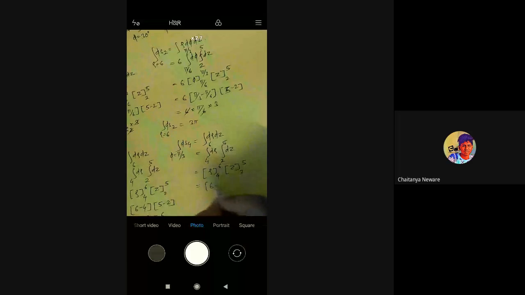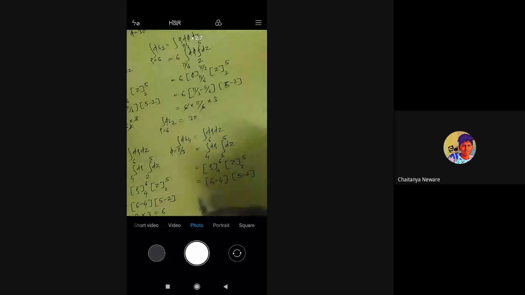So 6 minus 4 and 5 minus 2, which is 2 into 3, that is 6. So the integration of dS4 at phi equal to pi by 3 is 6.